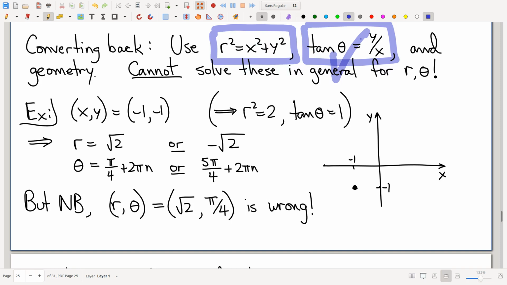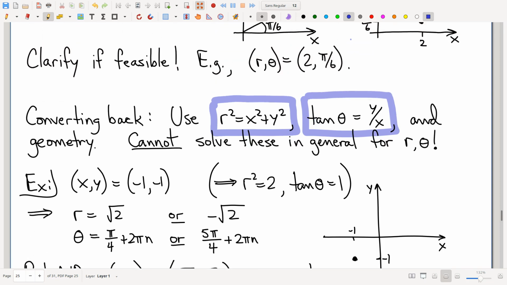No big deal. Beware the temptation to write down instead, let's see here, it's tempting to write r equals square root of x squared plus y squared. But this is not always the case. So I'm going to put a big X through this, just because that's not always right.